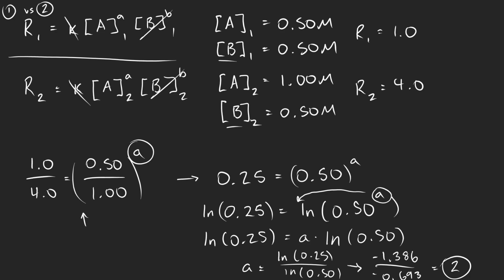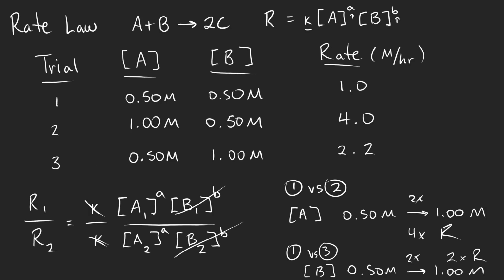And so now we know that in the original rate law, A is equal to 2. We can do the same thing for B, right? I'll leave it to you, but if we do the calculation for B, it will be equal to 1.